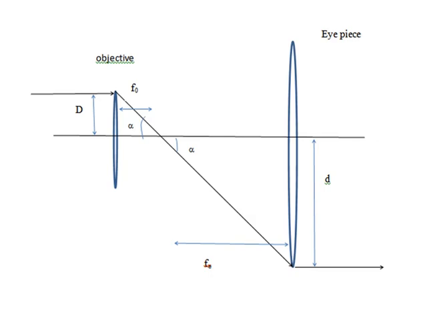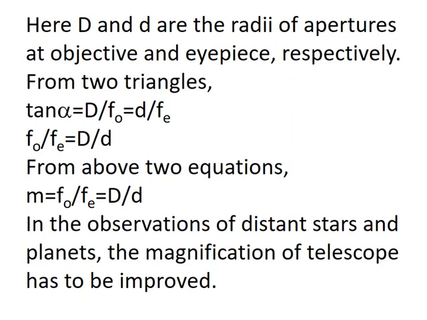From the other triangle, tan alpha is equal to simple d over fe. And finally, the angular magnification is equal to capital D over simple d. When capital D is larger than simple d, m is greater than 1, then we can get a higher magnification using the telescope.